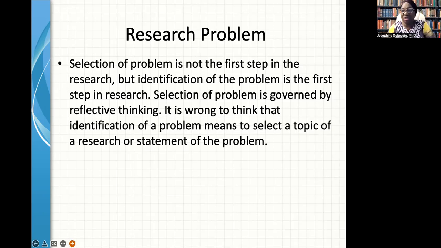Before you could go into any research, what I'm saying in brief is that you have in mind of solving a particular problem or problems. So all these ones you will have identified before you even choose your research topic or your statement of problem.